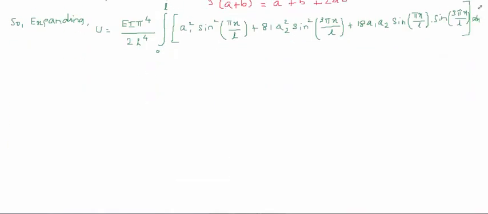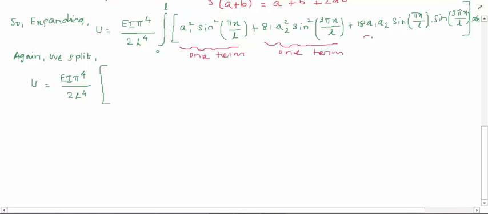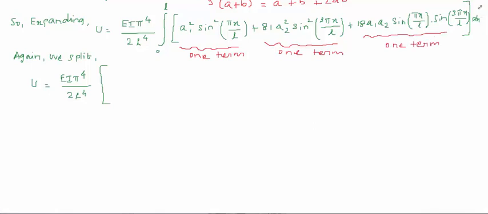We can split this into three parts: a² is one term, b² is one term, and 2ab is one term. So each is a different term.